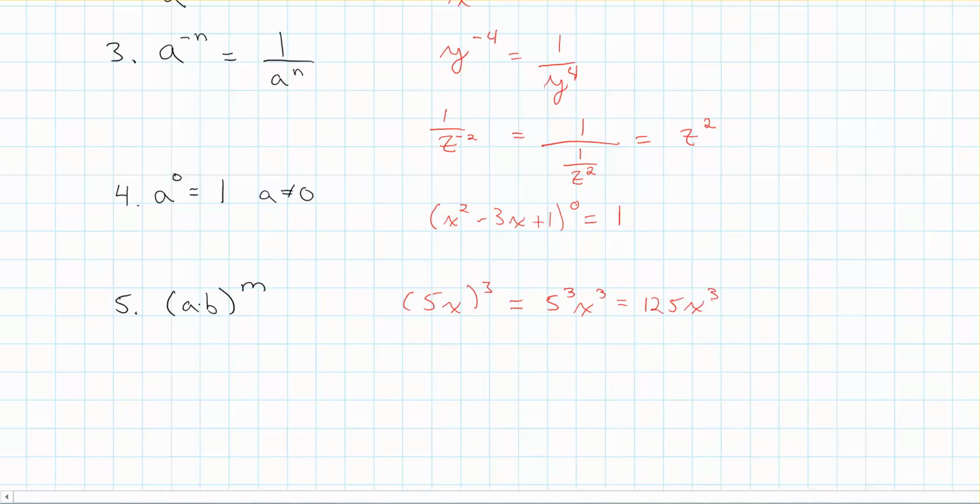Now, I want to emphasize again, before we move on, that this requires multiplication here. What do I mean? Let's look at an example where this property does not work. If you have (x plus 1) squared, we can't use the property.